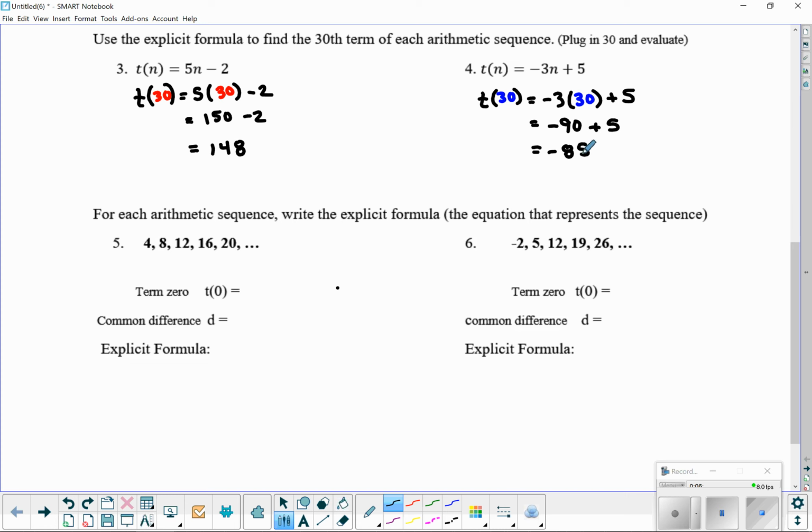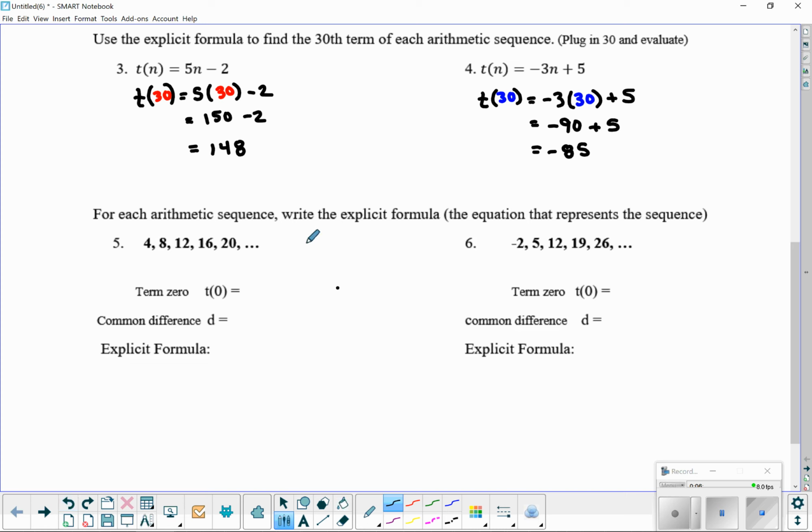All right, number 5, for each arithmetic sequence, write an explicit formula. So basically write one of these. Remember, explicit formula. These are written in a different way.